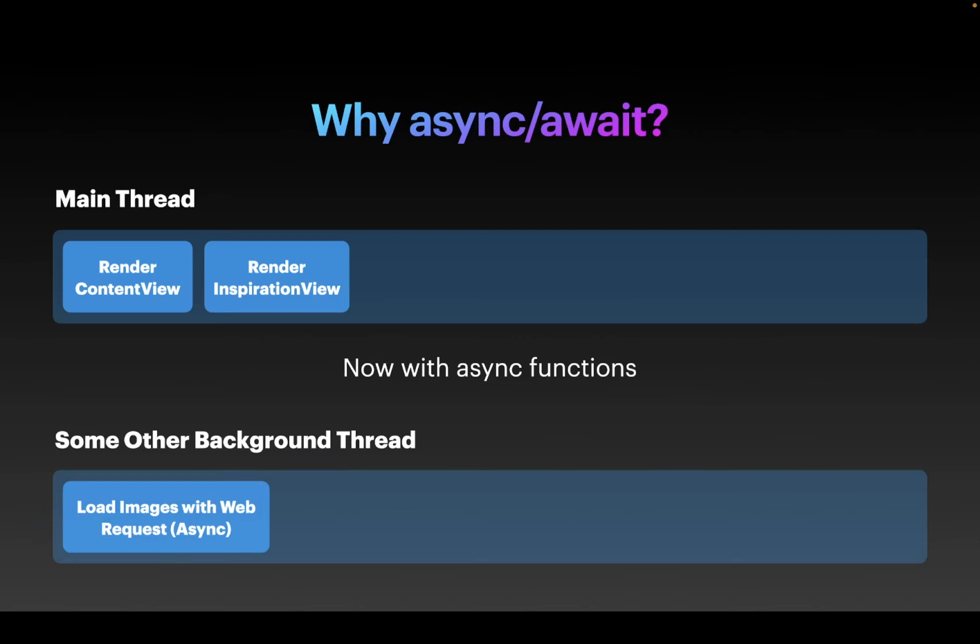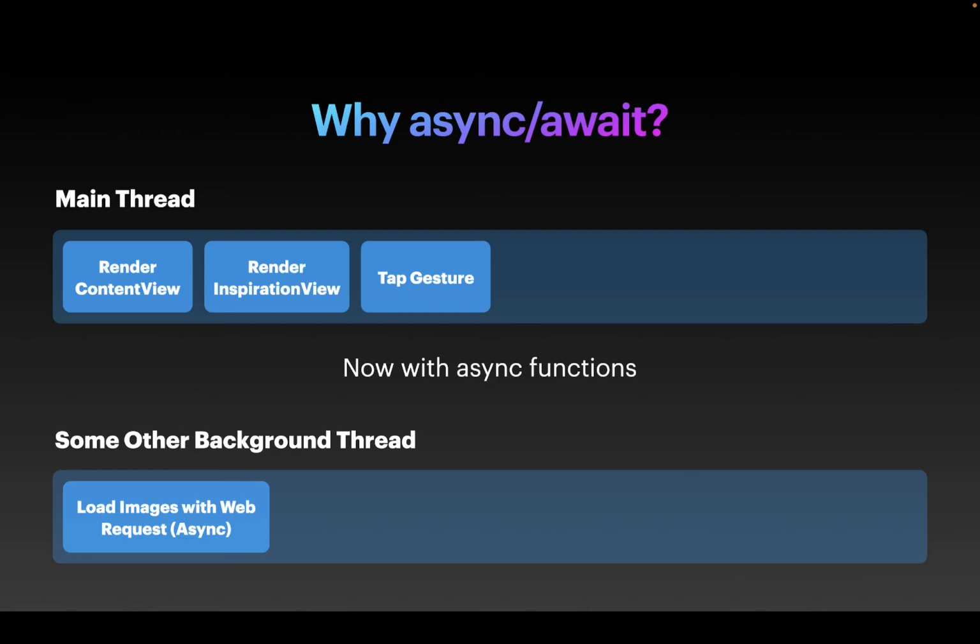In this case, this function is going to run on some other background thread, so it won't block the main thread. So right now, if the user clicks on something again, or maybe tries to dismiss the inspiration view, it's still registered, received and processed in the main thread, and your UI is going to be responsive in that case.